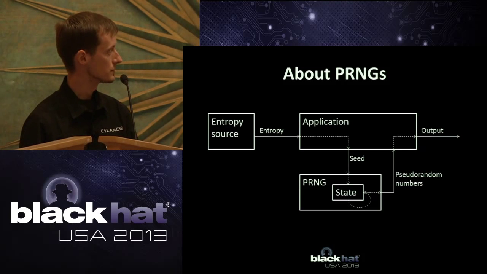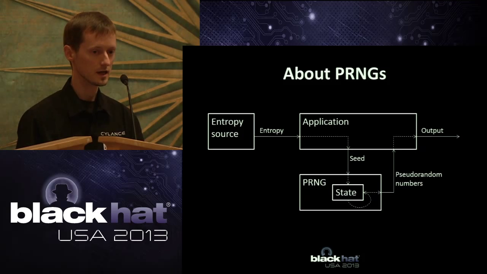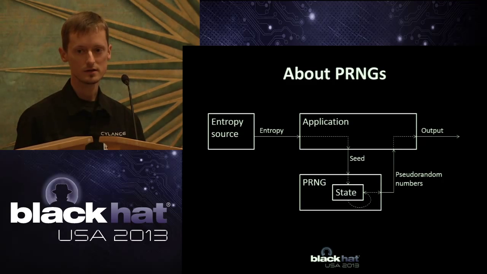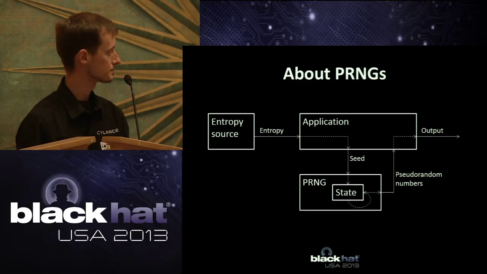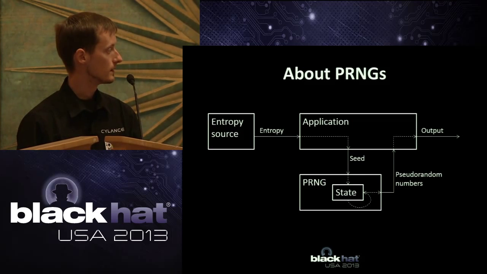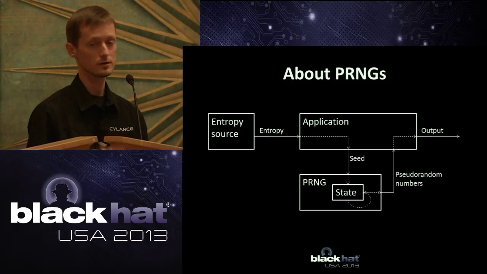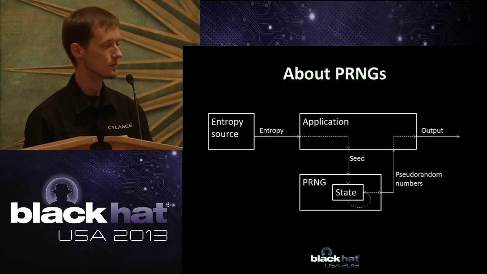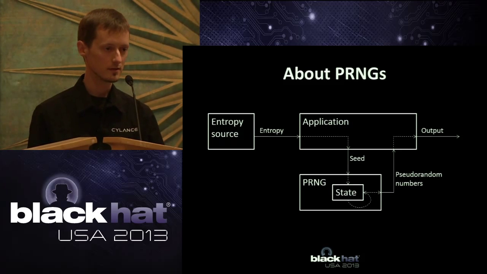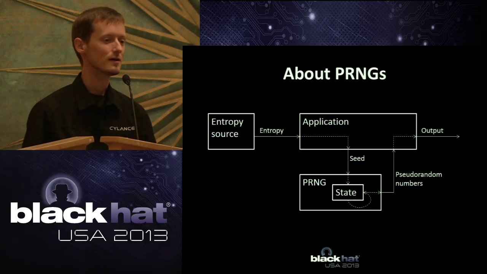So, okay, we got our entropy. The application takes it, transforms it into a seed. The seed is fed to the PRNG to initialize it, maybe once, maybe periodically, maybe once per thread. Now, in PRNGs where the state is really no bigger than the seed, like say they're both 32 bits, then the seed is often just plugged in directly as the state. It might be tweaked a tiny bit.